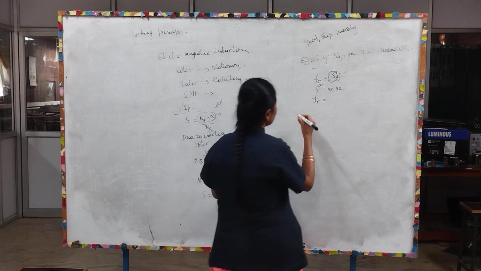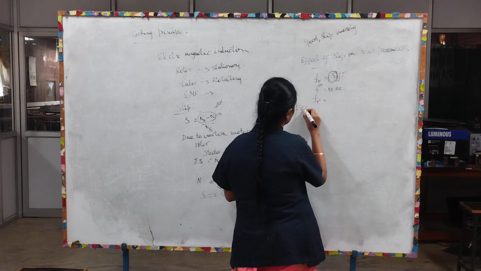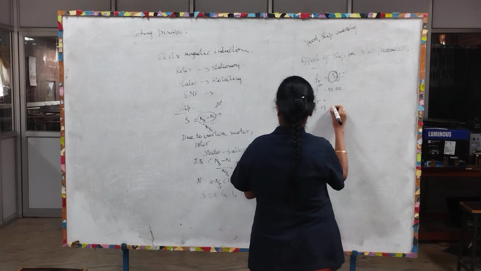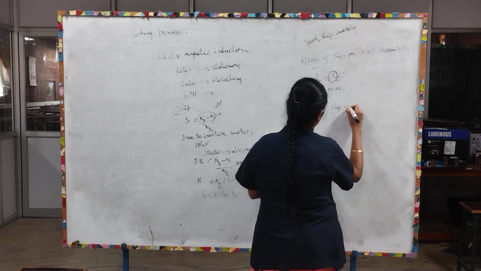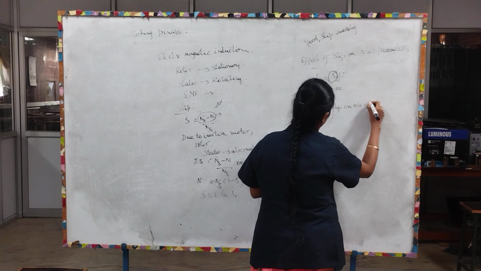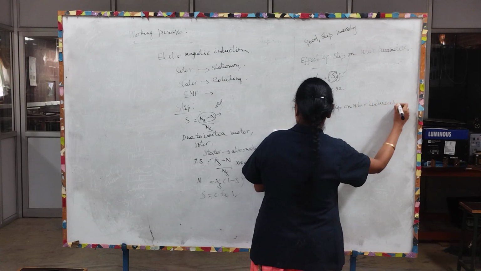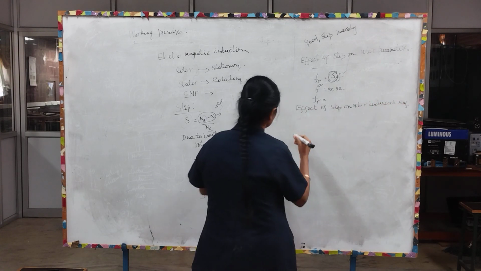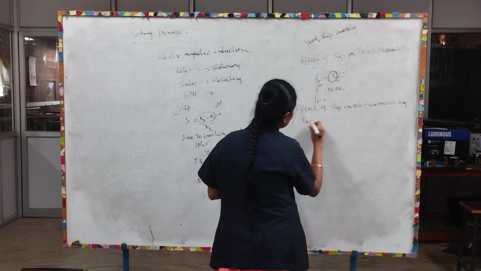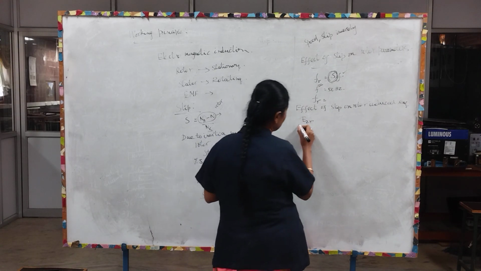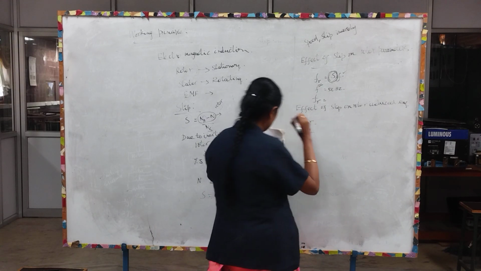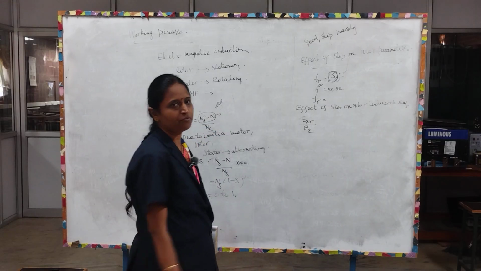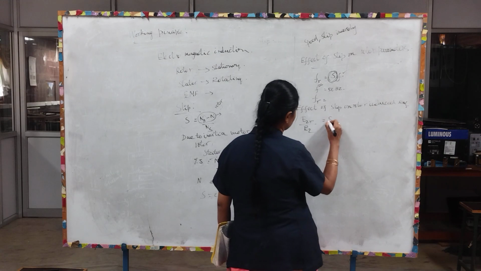Similarly, the effect of slip on rotor induced EMF. E2R is the rotor induced EMF under running condition, and E2 is the rotor stationary EMF, that is, the standstill EMF.